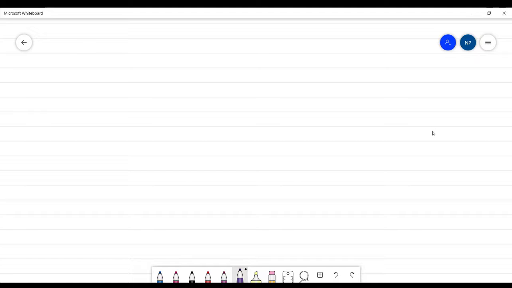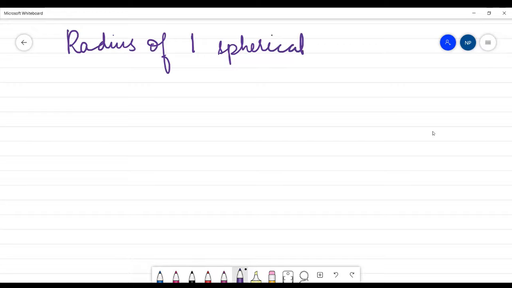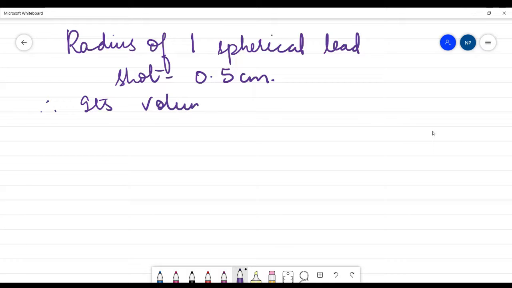After this, to take out the volume of one spherical lead shot, we need the radius of it first of all. So the radius of one spherical lead shot is given as 0.5 centimeter. Therefore, its volume is how much?